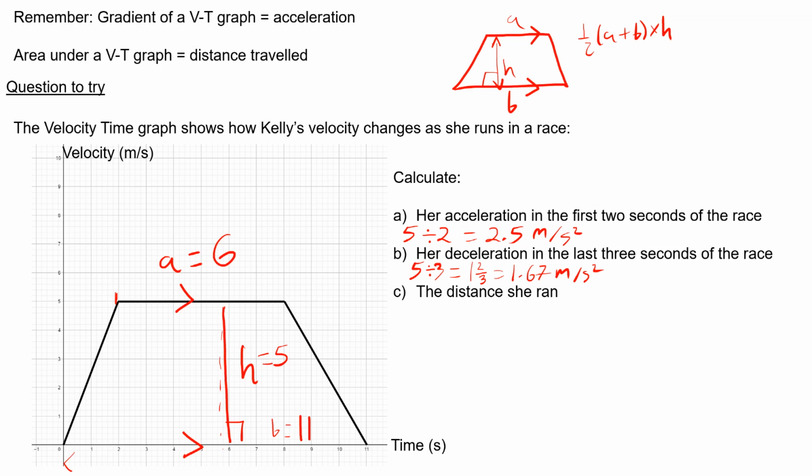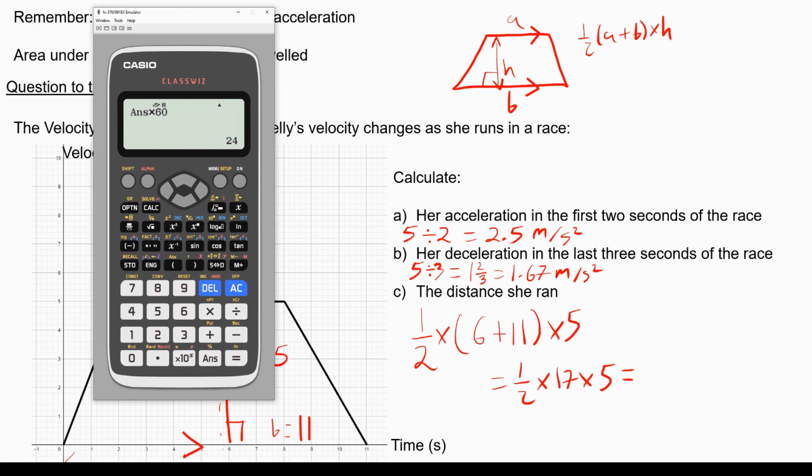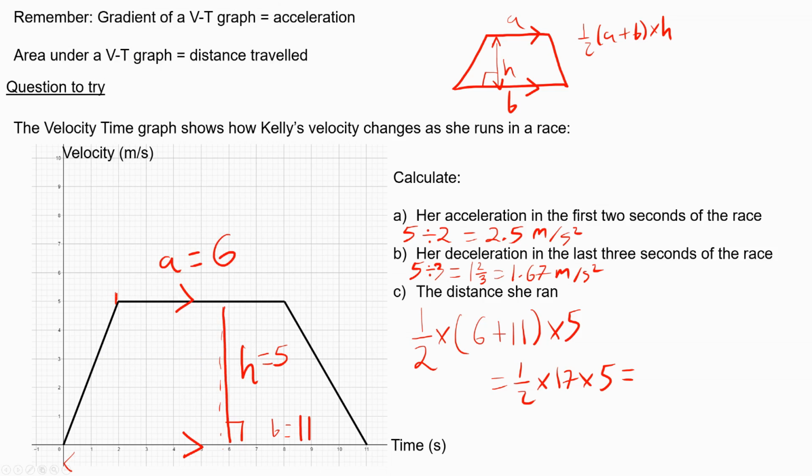So to work out the area of this trapezium, which will give us the total distance travelled, I need to do half times 6 plus 11 times 5. This is going to be 1/2 times 17 times 5, which I can work out on my calculator as 0.5 times 17 times 5. This gives me an answer of 42.5 meters.